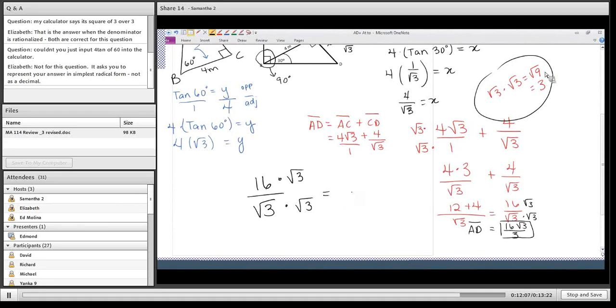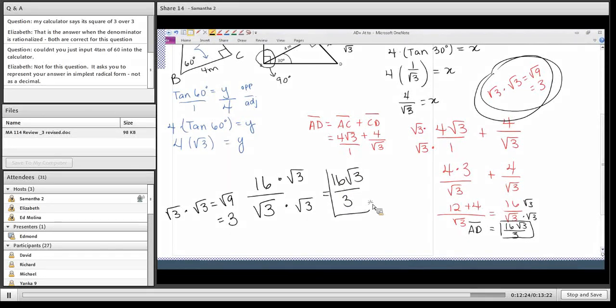So just like what I have circled here in black, when you multiply the square root of 3 and the square root of 3 together, you get the square root of 9. And what is the square root of 9? 3. It's no more radical. This is in simplest radical form. Remember, you never ever want to have a radical or a square root in the denominator. So that's why you have to multiply top and bottom by the square root of 3.